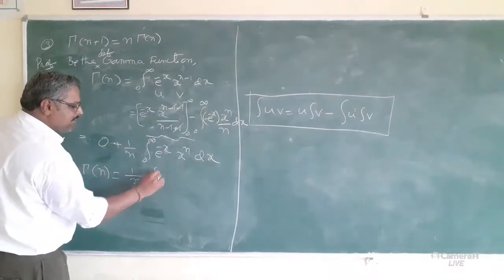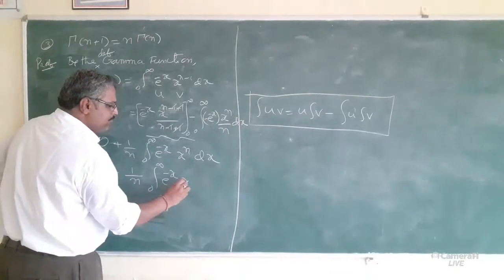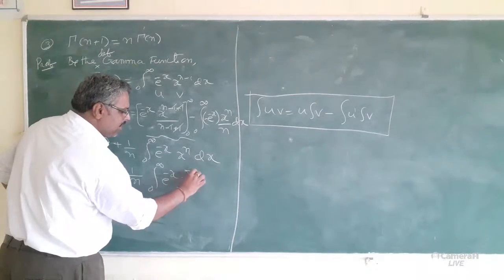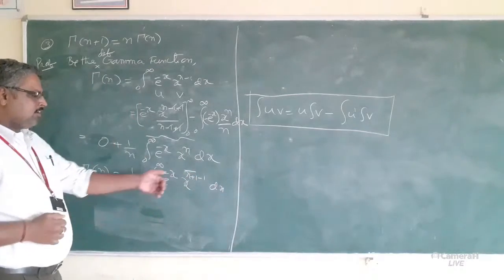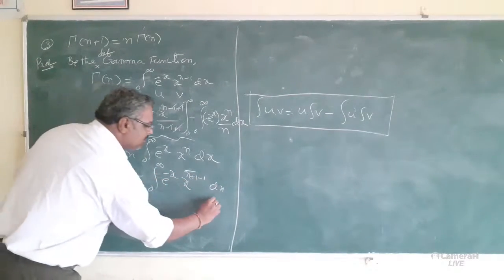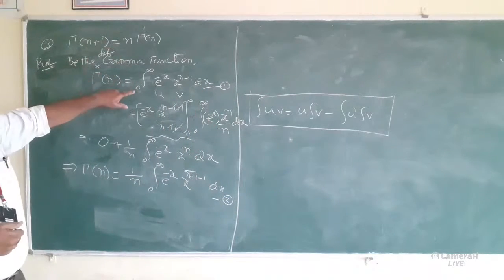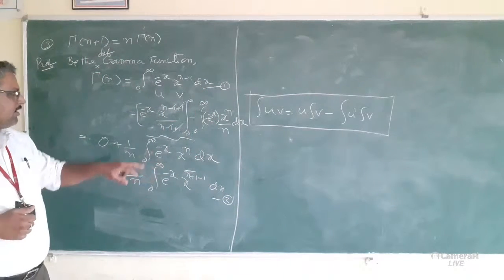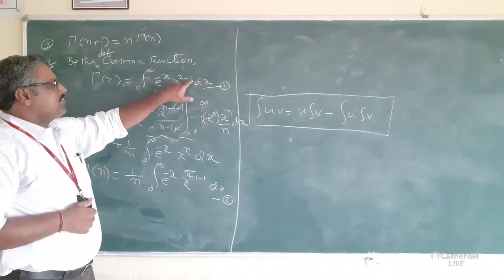Now rewriting that term, integral 0 to infinity e power minus x into x power n plus 1 minus 1. Now comparing with equation 1, the right hand side is integral 0 to infinity e power minus x, x power n minus 1 dx.